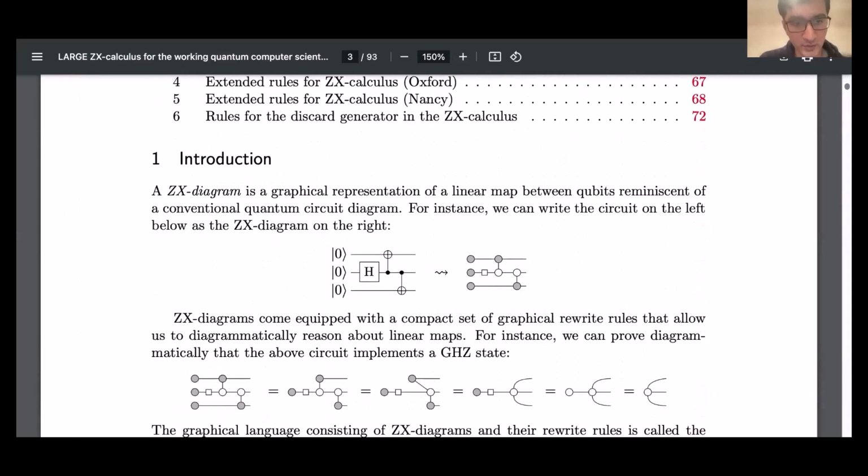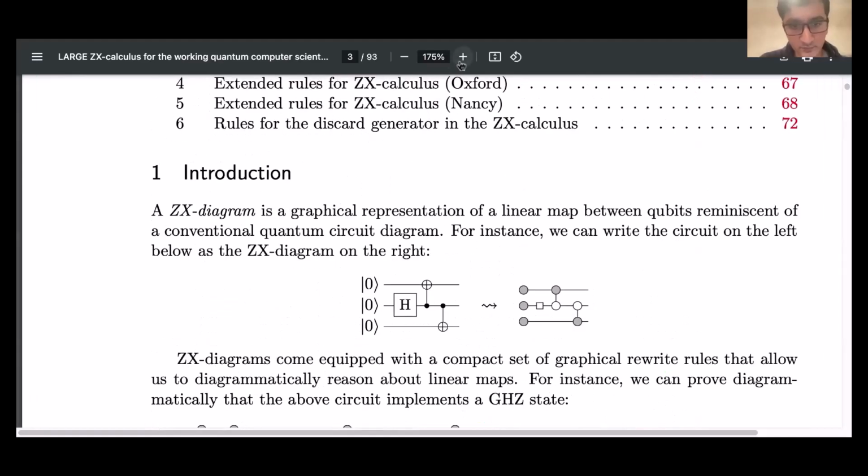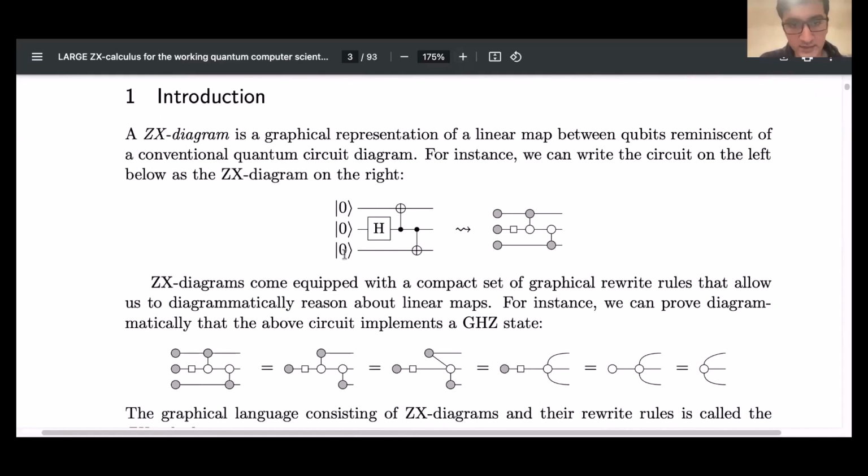Let me first quickly show you an example. This is a typical quantum circuit that you must have seen in quantum computing textbooks. We have 3 states, a Hadamard gate, and a couple of CNOT gates. Usually we have a circuit diagram and the traditional matrix representations of these qubits and logic gates.